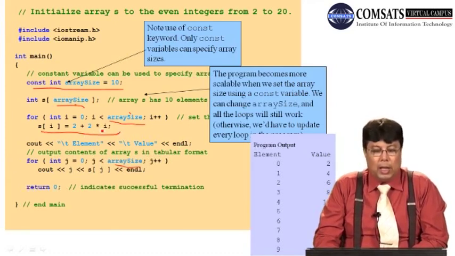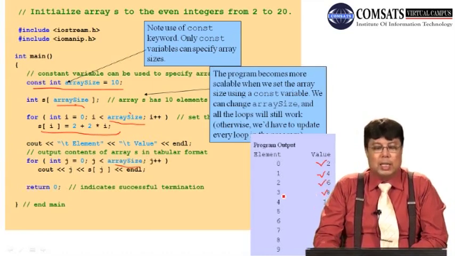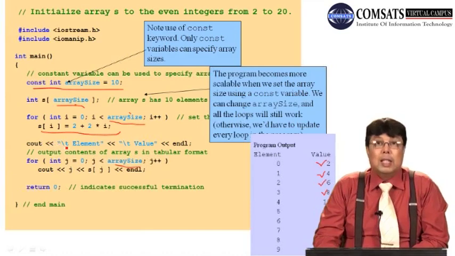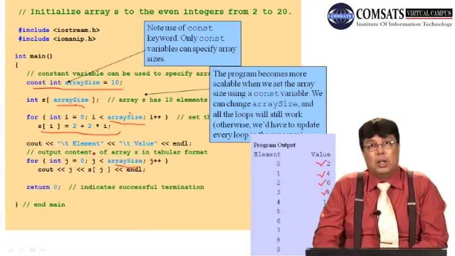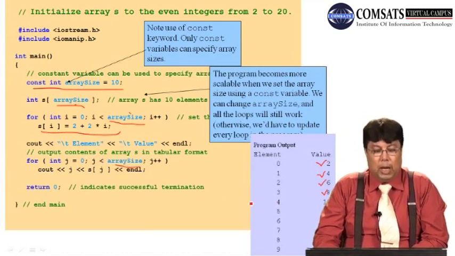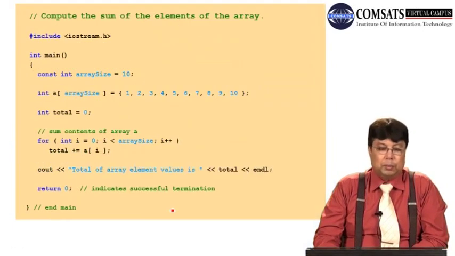If the value of i is 0, then 2 times 0 is 0, plus 2 is 2, and we keep going: 2, 4, 6, 8, 10. So this is another way to initialize monotonically increasing numbers, put them into the array, and then use the for loop to display the output as well.